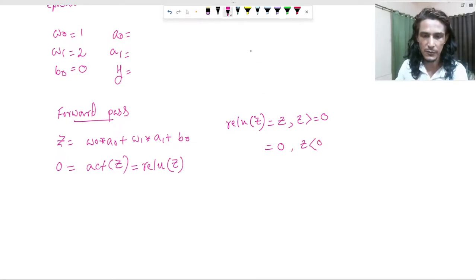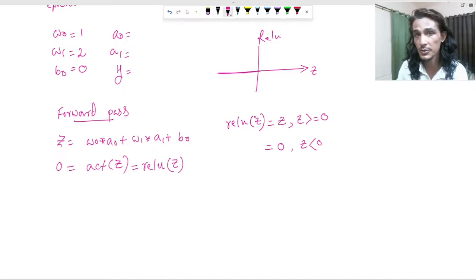If you plot Z versus ReLU, you will see that for all these negative Z's, the output is 0, and as soon as it becomes positive, the output will be the same as the input, so it will be aligned at 45 degrees.